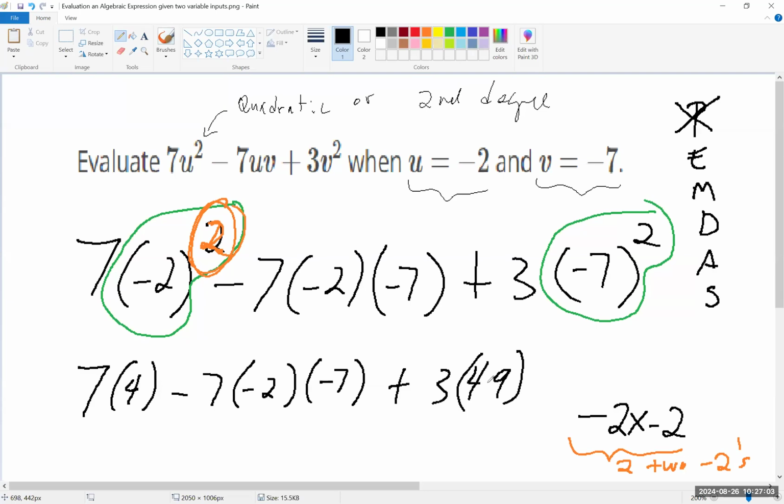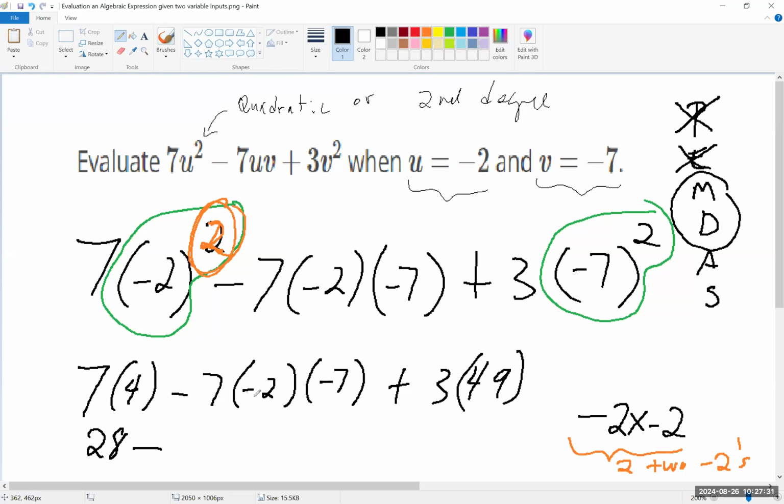And then we do multiplication and division, if there's any division. There isn't. So we're gonna move from left to right, multiplying. So 7 times 4 is 28. 7 times -2 is -14.